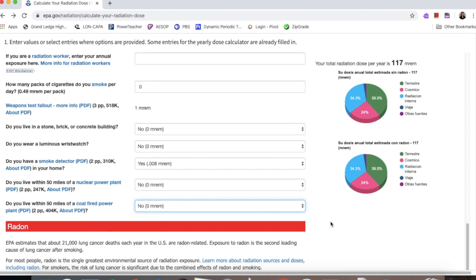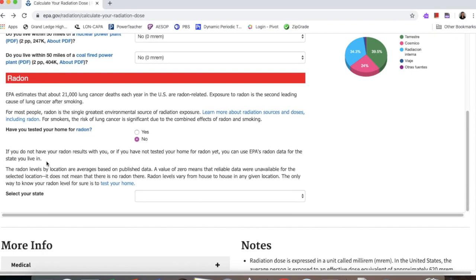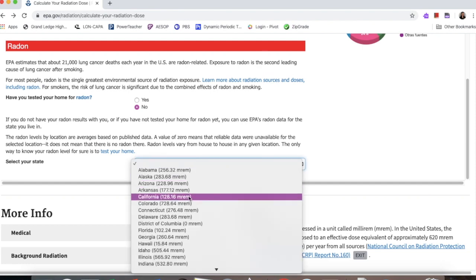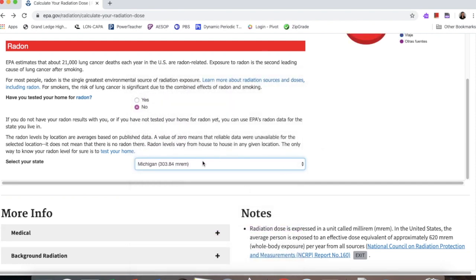All right. Next up is radon. Have you had your home tested for radon? No. If you do not have your radon results with you, or if you have not tested your home yet, you can use the EPA's radon data for the state you live in. So we're going to select Michigan. And living in Michigan on average, we get 303.84 millirems of radiation each year.